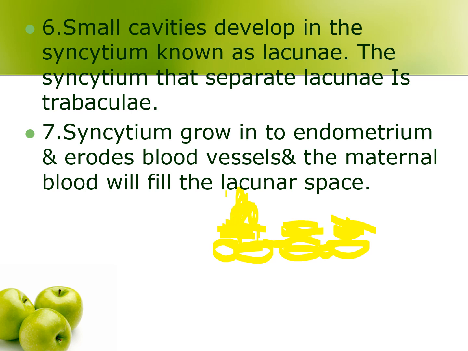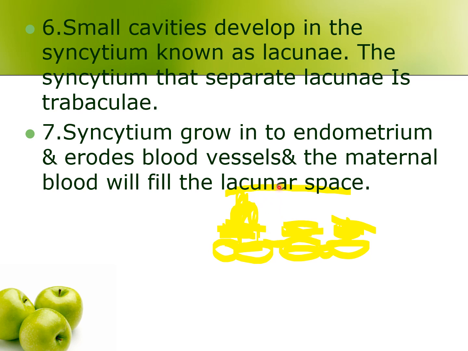Here we know that in the endometrium maternal blood vessels are there. So it will start to erode the maternal blood vessels. It will just come and erode, damage the maternal blood vessels. So when the blood vessels are getting damaged, blood will start to leak into this space. The blood will get filled into this lacuna space.